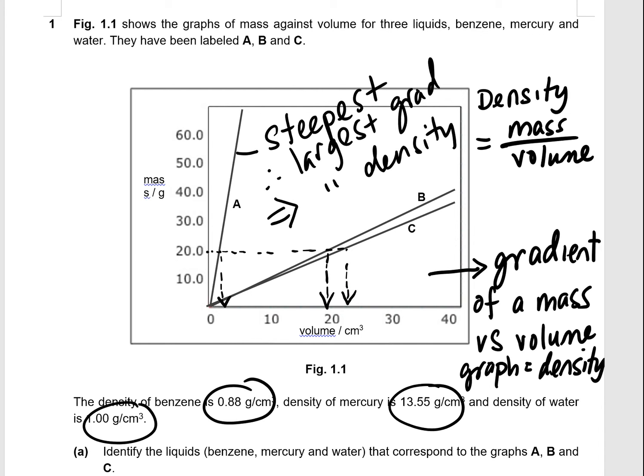So if you have the smallest volume for the same mass, it means it is the densest. Whereas for C, with the same mass, the volume is very large, right? So mass divided by volume is density. So therefore, you will know that C has the smallest density. So you can look at it both ways.